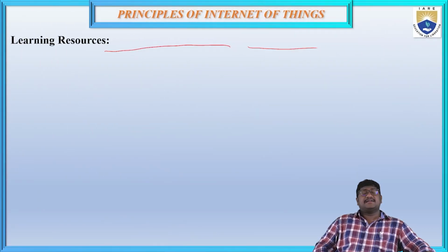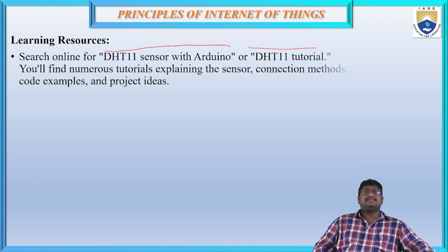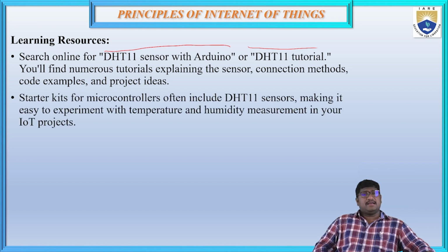And what are the other learning resources which might be helpful to you guys? Have a look: DHT11 sensor using Arduino, DHT11 tutorial. These are the two topics online which are helpful and useful for doing your projects.